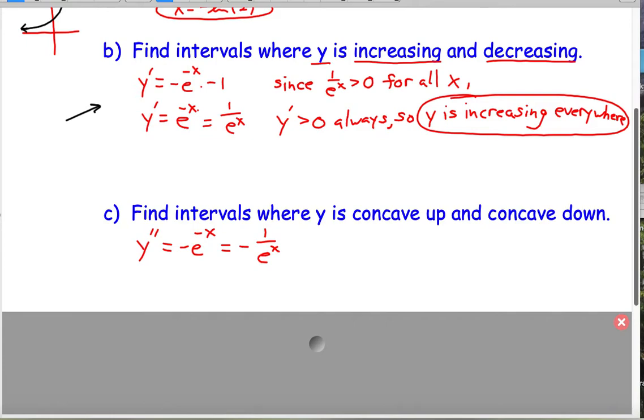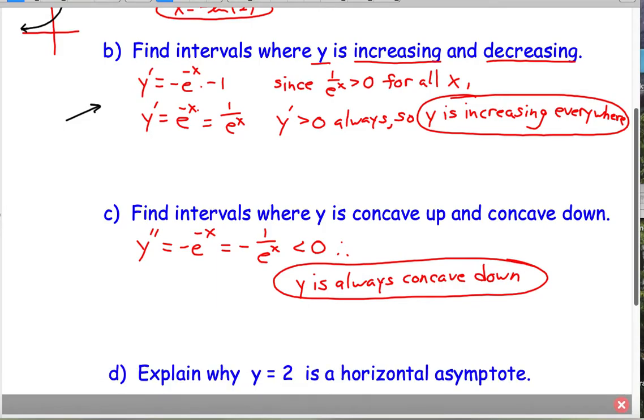And by similar reasoning, that's always going to be a negative value, because 1 over e to the x is always positive. So that's always going to be less than 0. Therefore, y is always concave down. And so we didn't even have to make a sign chart for that as well.